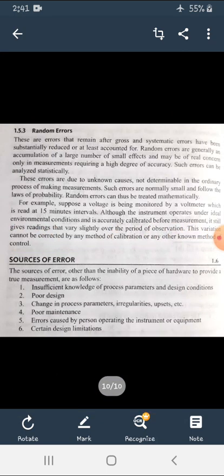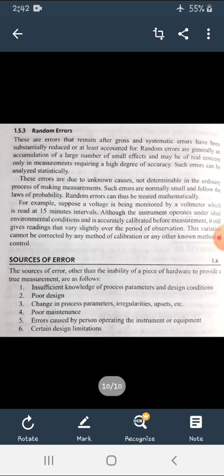And the last one is the random error. Random errors are the errors remaining after gross error and systematic error. These errors are due to unknown causes. Sometimes you cannot understand which kind of error is induced in the system.